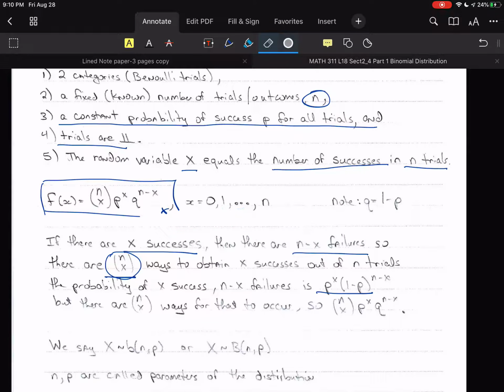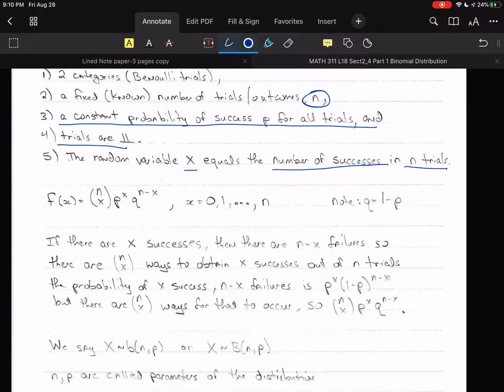And so let me clean up a little bit so we can see. And so our probability distribution function is here. Don't forget to include your range of x, or the support of x. Those x values are very important, okay?